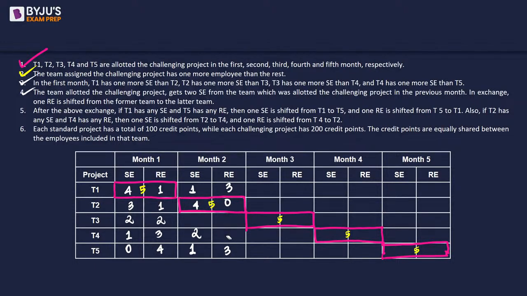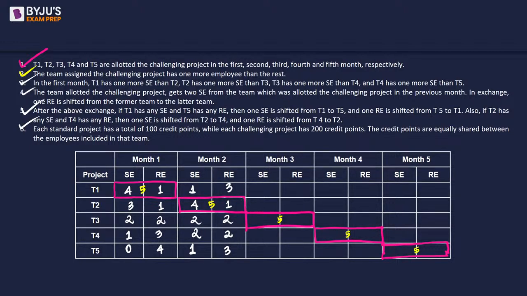That means this 3 will become 2, and this 0 will become 1. So you have to be very careful with the process. So you'll get 1, 3, 4, 1, and then 2, 2, and 1, 3. There is no change that is going to happen for T3, so it will remain as such. Yes, it will stay the same.